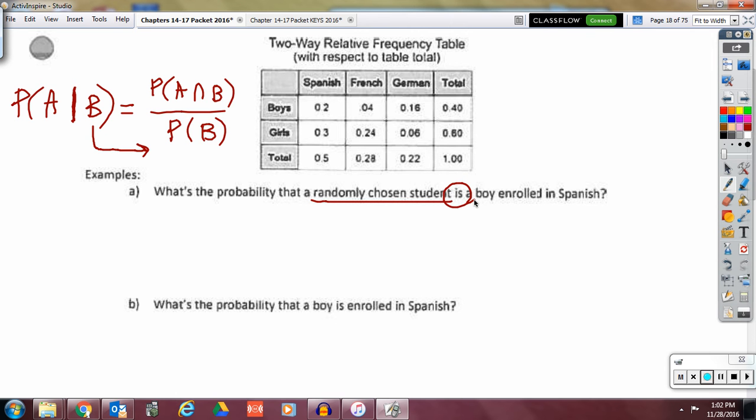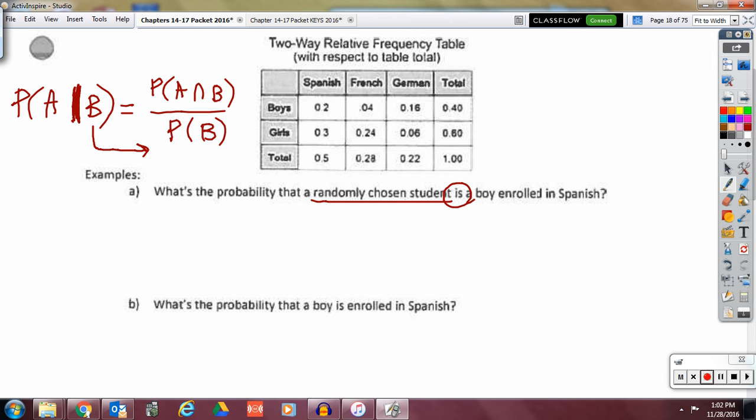Okay, so talk to me about what that's saying. What is my bag? What's in my bag that I'm drawing from? It is all the students. So I haven't dwindled it down. I haven't told you, hey, given that I have a boy, what's the probability they're in Spanish? I've just said, pick from the whole bag of students.